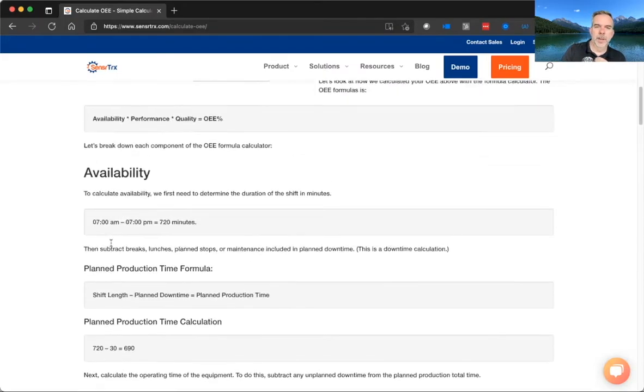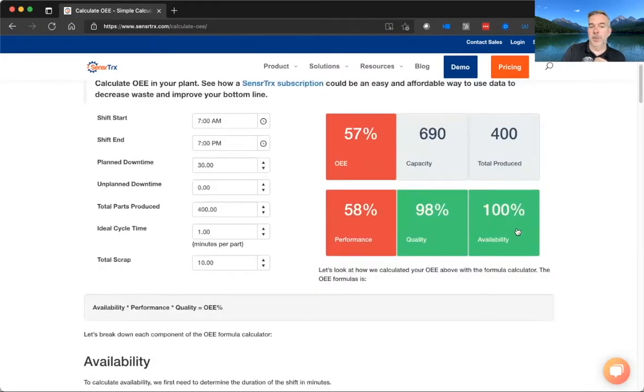So if we take a look at that, that gives us an availability of 100% because we have no unplanned downtime. So what's interesting about this is you can muck around with planned downtime all you want, and you'll notice as I change this, availability does not change.